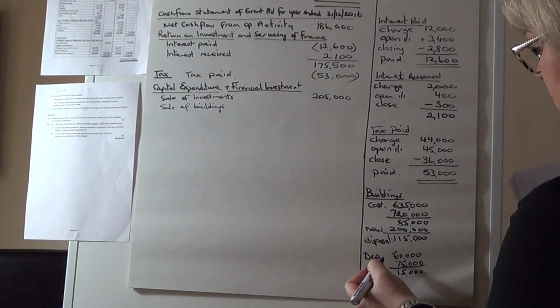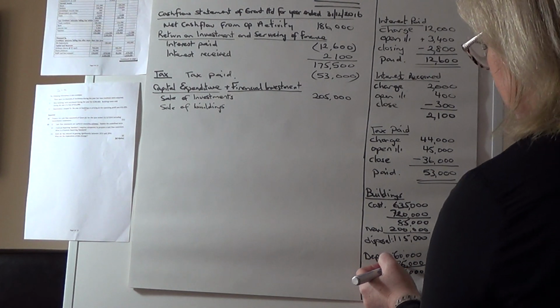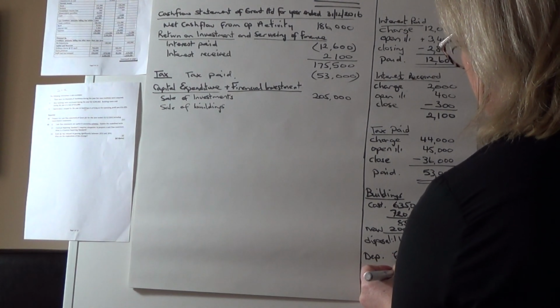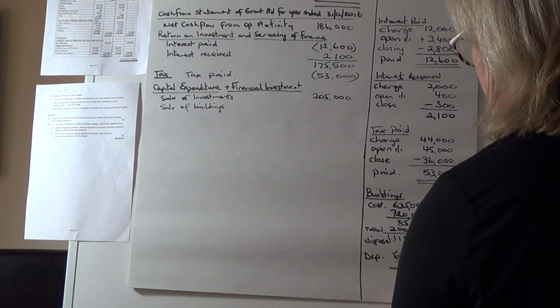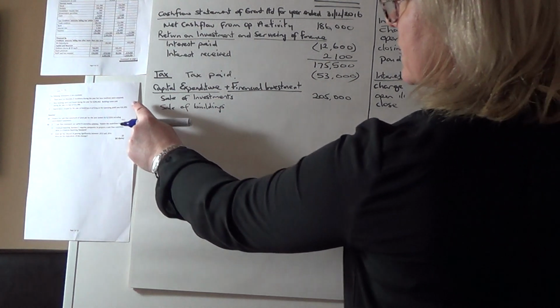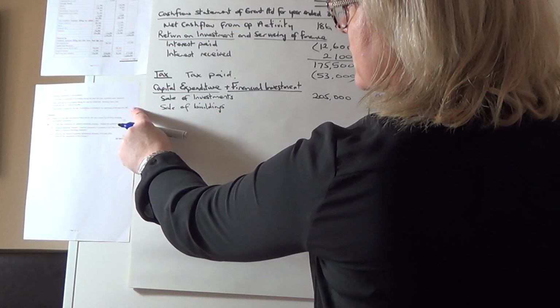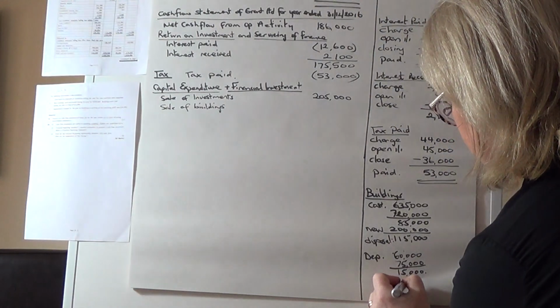So the depreciation has moved from 60,000 to 75,000, and that would indicate that there was a charge of 15,000 on buildings depreciation. However, we are told in the question that the depreciation on buildings was 42,000.